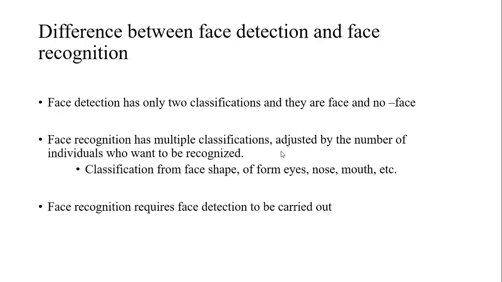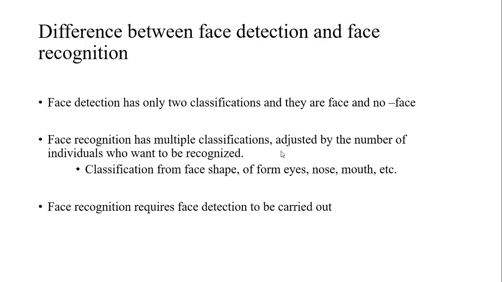More about the differences between face detection and recognition. Face detection has only two classifications: face and no face. Whereas when it comes to face recognition, there are multiple classifications. The reason for this many classifications is that there are a large number of permutations and combinations depending on the face shape and the form of the eyes, nose, and mouth.